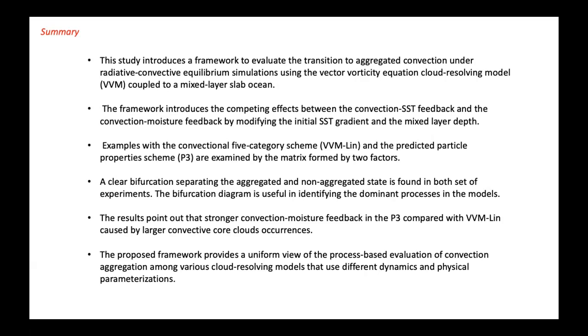With the P3 and VVM Lin, two different microphysics, we can see a clear bifurcation separating the aggregated and non-aggregated states found in both experiment sets. The bifurcation diagram is shown to be useful in identifying the dominant process in the model. The results point out that the stronger convection moisture feedback in P3 compared with VVM Lin is caused by the larger convective core cloud occurrence. Overall, the results suggest a unified view of the process-based evaluation of convection aggregation among various cloud resolving models that use different dynamics and physical parameterizations.